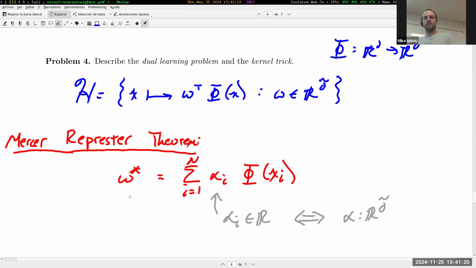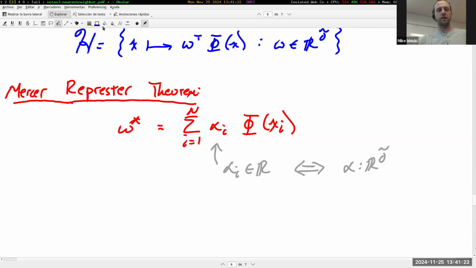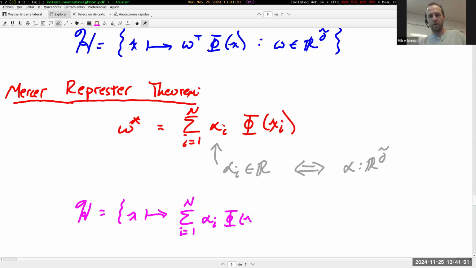If you do this and substitute into the hypothesis class, then the hypothesis class will become h of x equals this. I'm substituting all of this red part in for the w. So the sum from i equals 1 to n of alpha sub i phi of x sub i, all of that transposed, times phi of x.